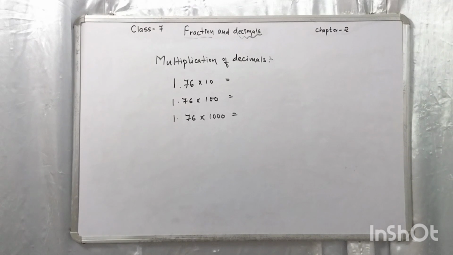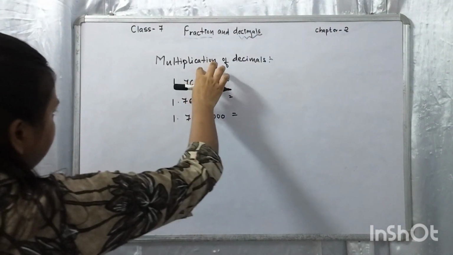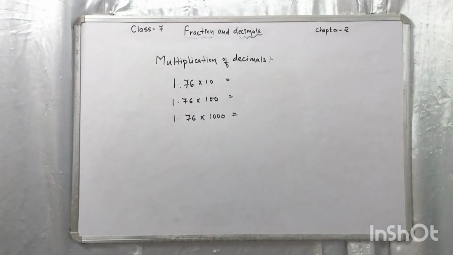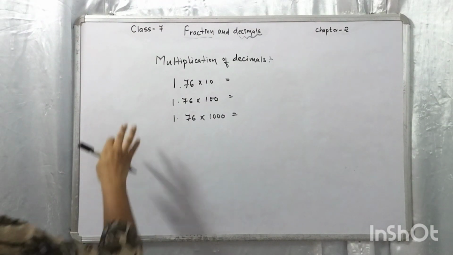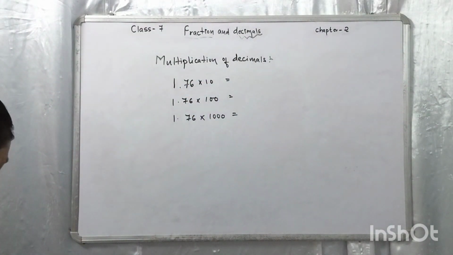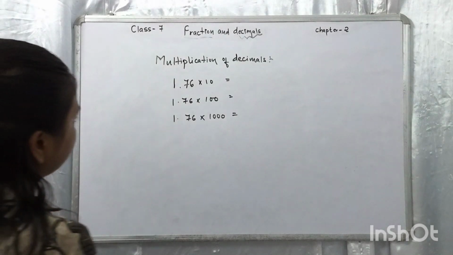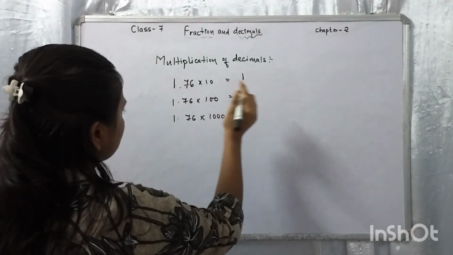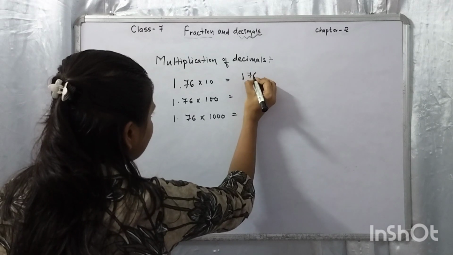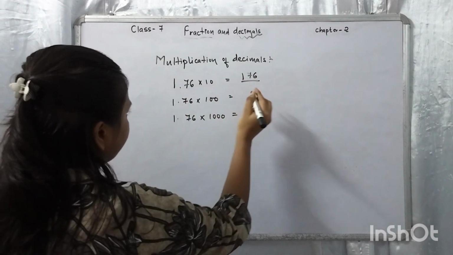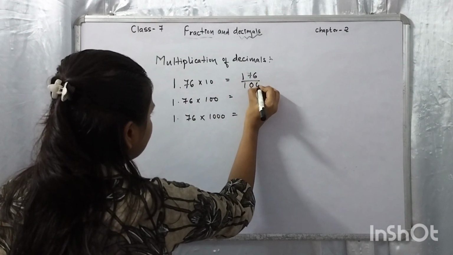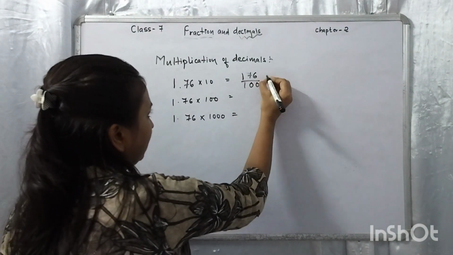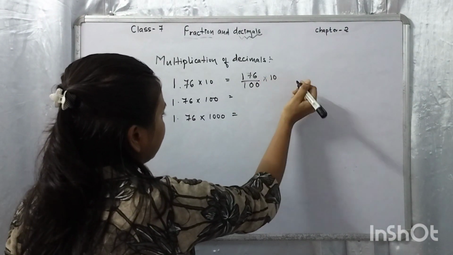Now we will multiply decimals with 10, 100 and 1000. So how can we multiply a decimal with these numbers? First, as I taught you earlier, you will convert this into a fraction. So you will write 176 and you have shifted 2 places, so you will write 100. Fine. You will write 100 and you will now multiply it by 10.